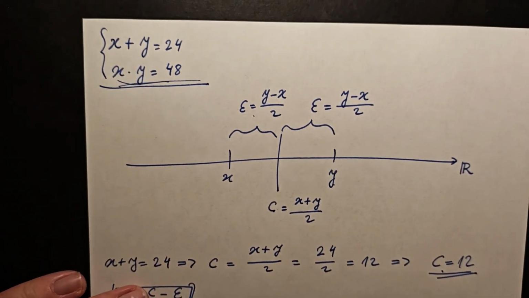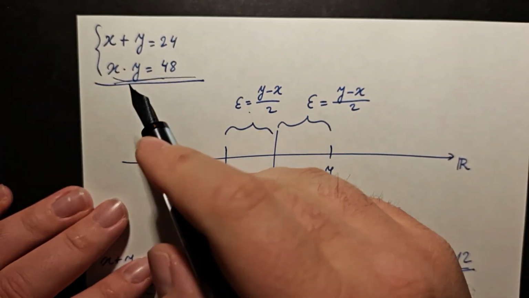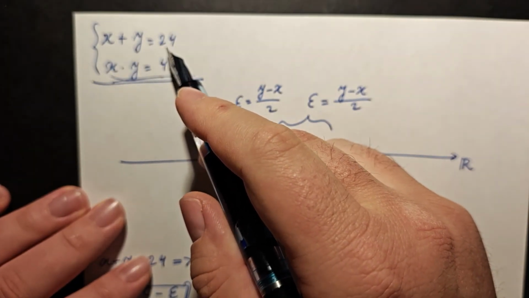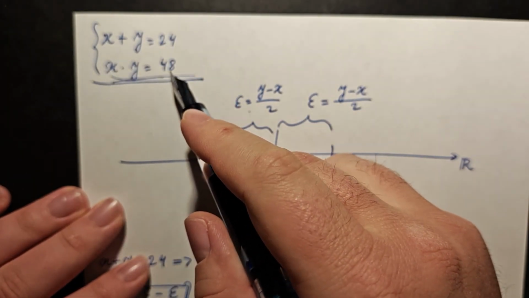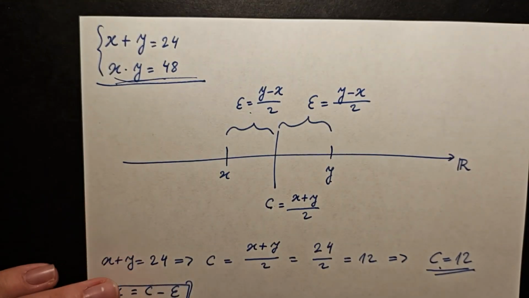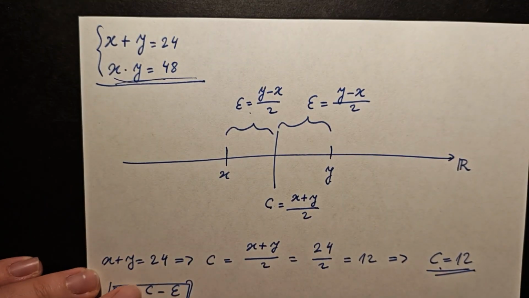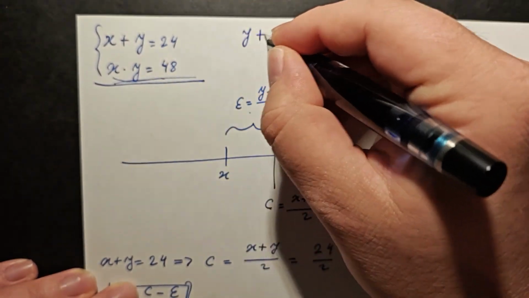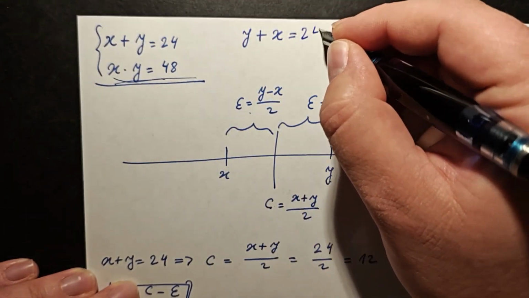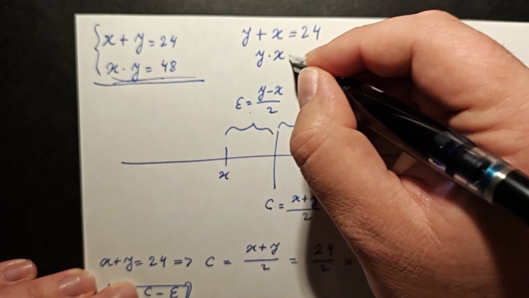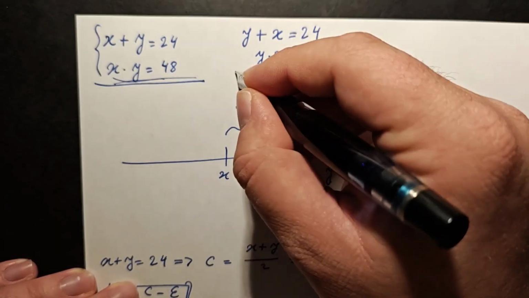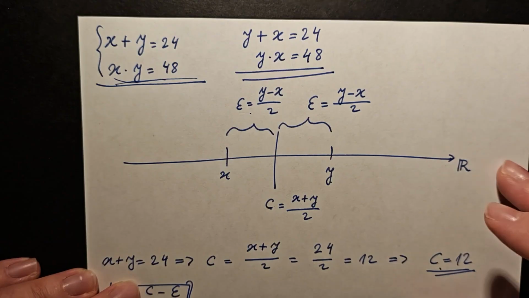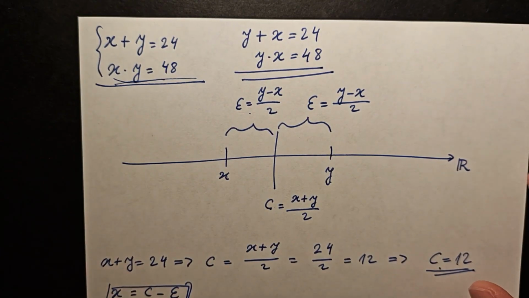Take a look at the starting system of equations. x plus y is equal to 24, and x multiplied by y is 48. This system of equations is symmetrical. You can write it as y plus x is equal to 24, and y multiplied by x is equal to 48, and by doing this you're not going to change anything.